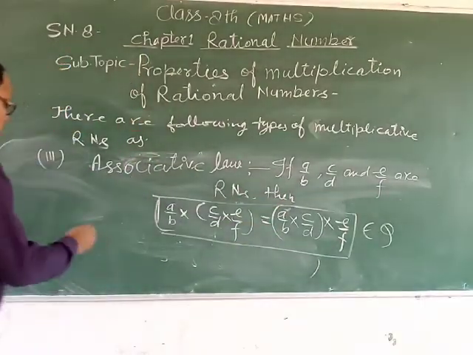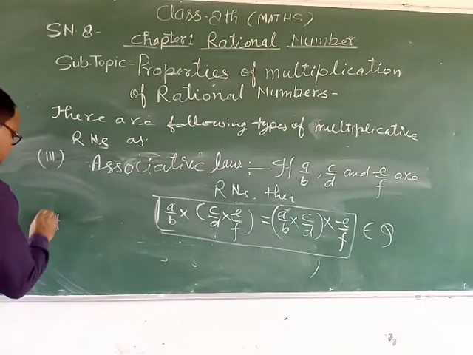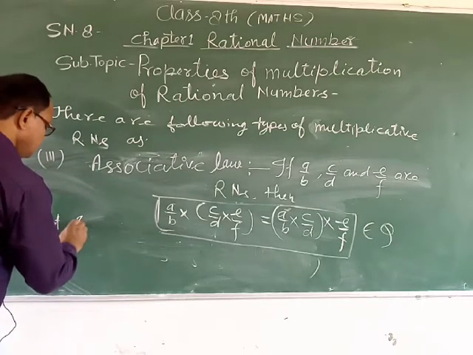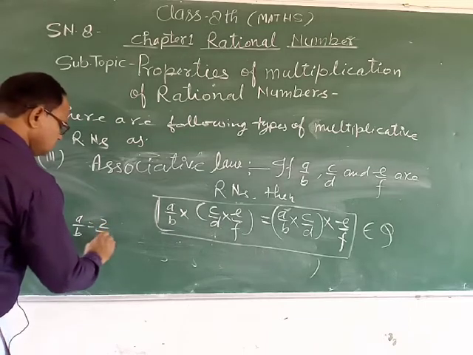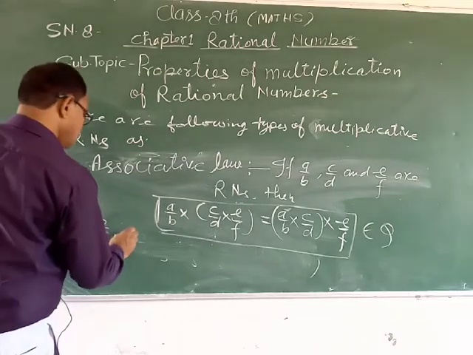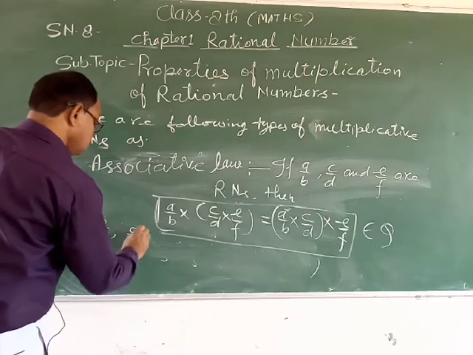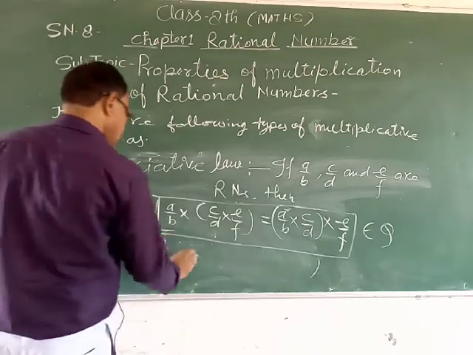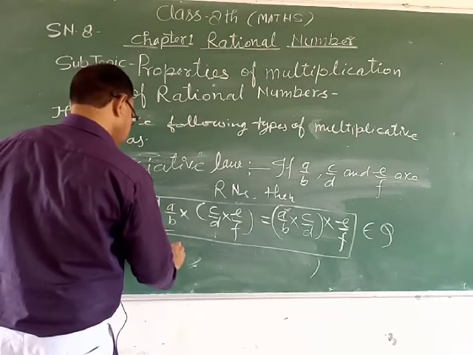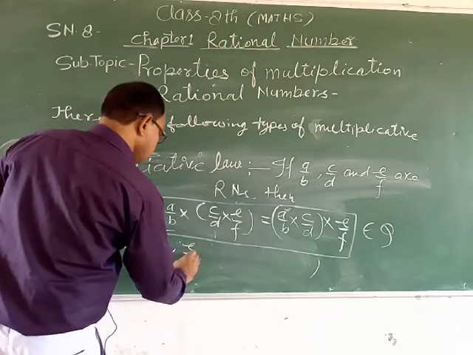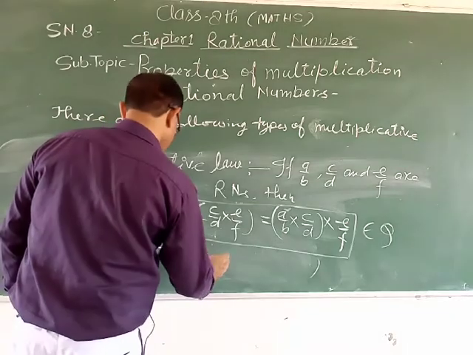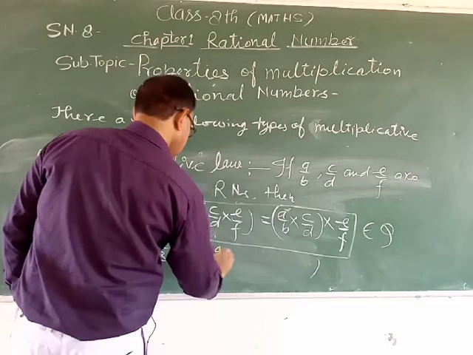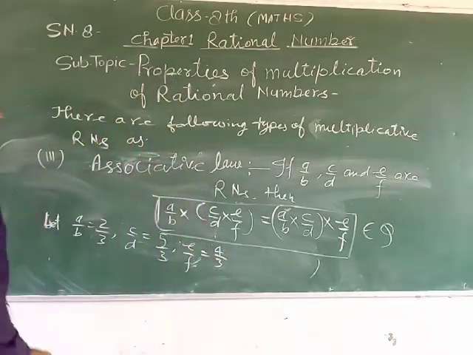Okay, student? Here let A by B is equal to 2 by 3, C by D is equal to 5 by 3, and E by F is equal to 4 by 3.